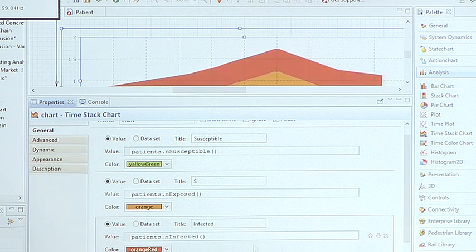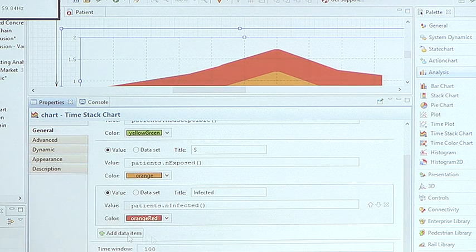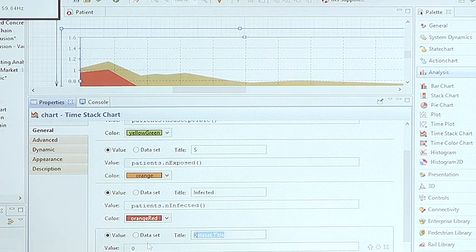This is red, and the last one is, this is the title, and this is the actual data, recovered, and this is light sky blue.